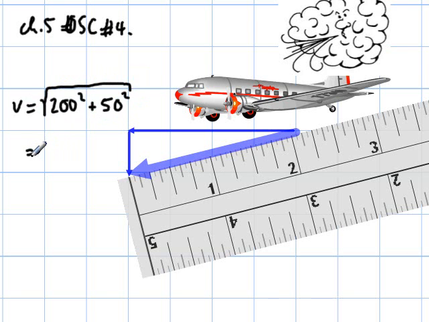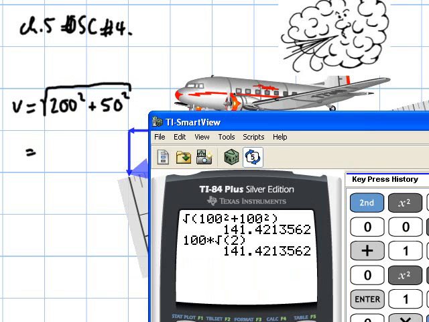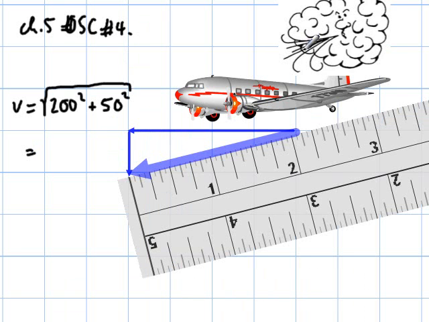When I do that on the calculator, it's going to be square root of 200 squared plus 50 squared. And I come up with 206, and that's exactly what I had measured. 206 kilometers per hour.